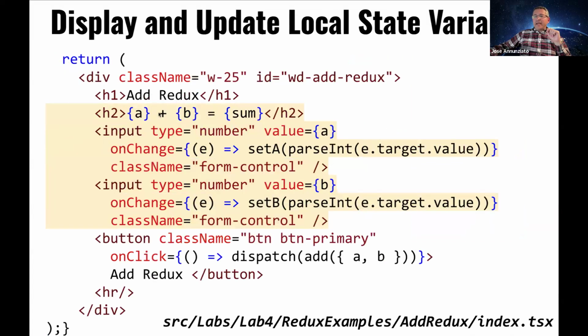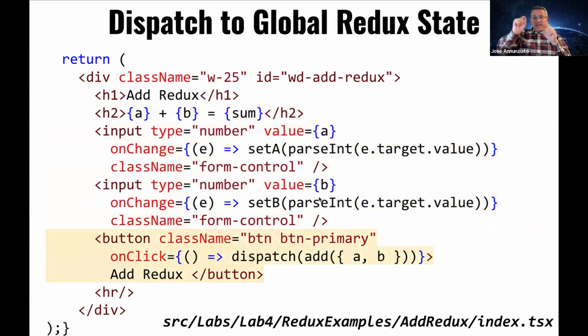So yeah, we're showing a plus b equals sum, and then the input field allows us to type in the value of a, type in the value of b, and then when we click on the add button, we can dispatch to the Redux function add, and pass in an object that contains a and b. So this is the payload.